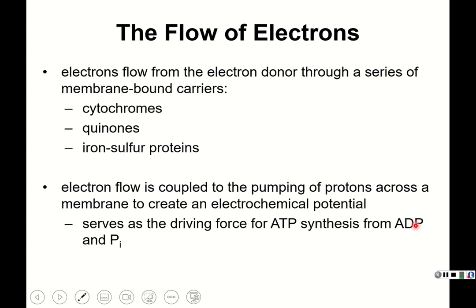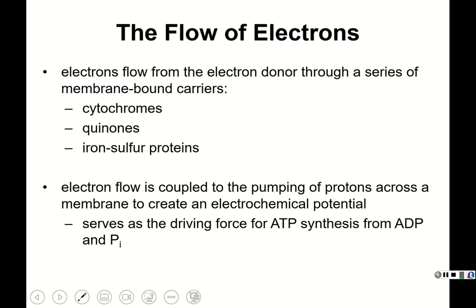Okay. So the flow of electrons, again, is through a series of membrane-bound carriers, and you have things like cytochromes, quinones, and iron-sulfur proteins, just as we did in the electron transport chain in mitochondria.